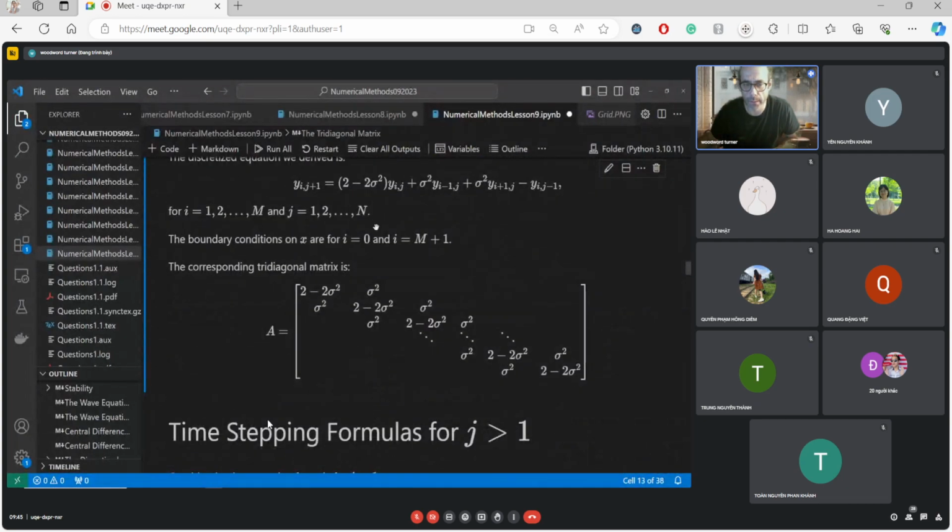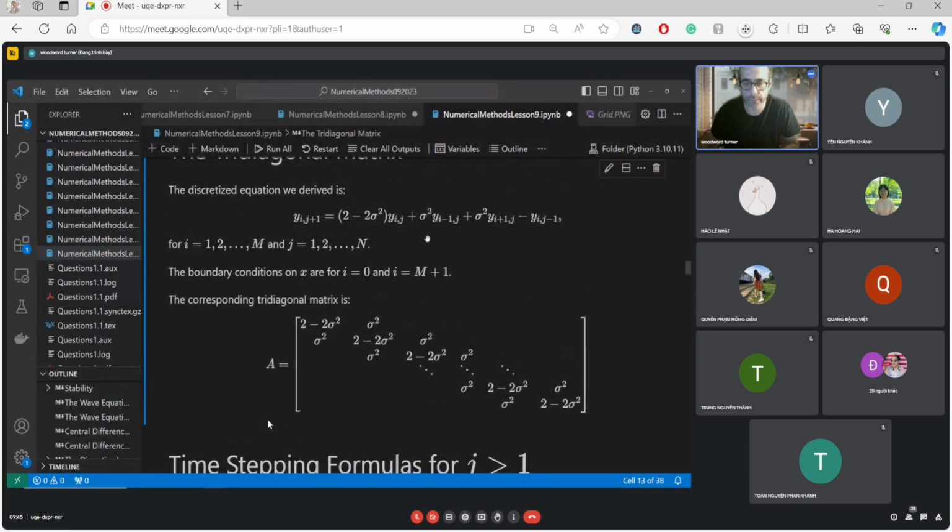So we'll get y_i comma j plus 1 is equal to 2 minus 2 sigma squared times y_i comma j, plus sigma squared times y_i minus 1 comma j, so that's this term here, and then plus sigma squared times y_i plus 1 comma j, minus y_i comma j minus 1.